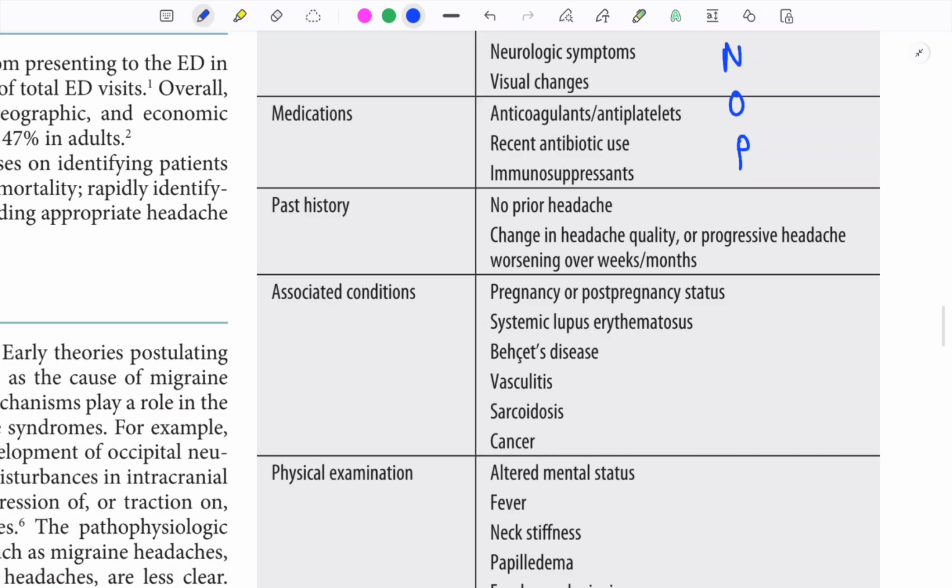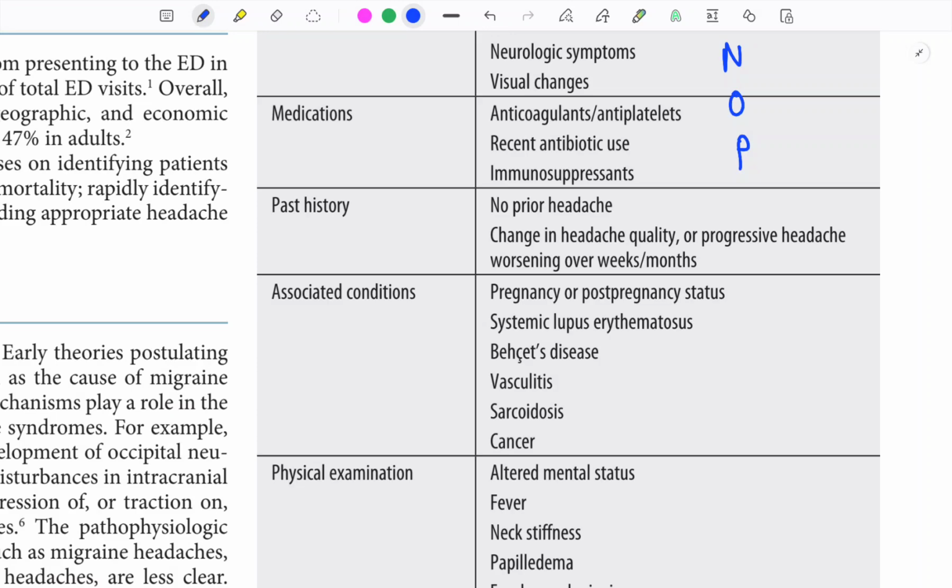Then, if a person is taking medications, especially those causing bleeding in your brain, anticoagulants, antiplatelets, recent antibiotic use, immunosuppressants. Recent antibiotic use is important because it may hide partially treated meningitis, and immunosuppressants can lead to brain abscess and they can also hide the inflammation in your brain.